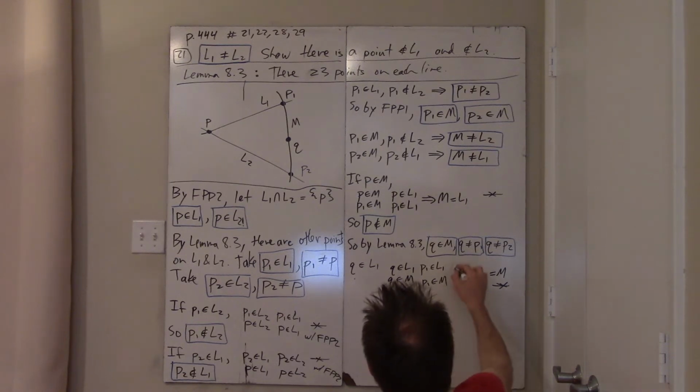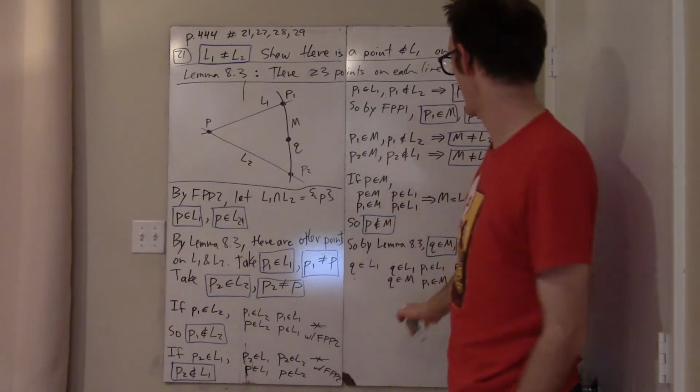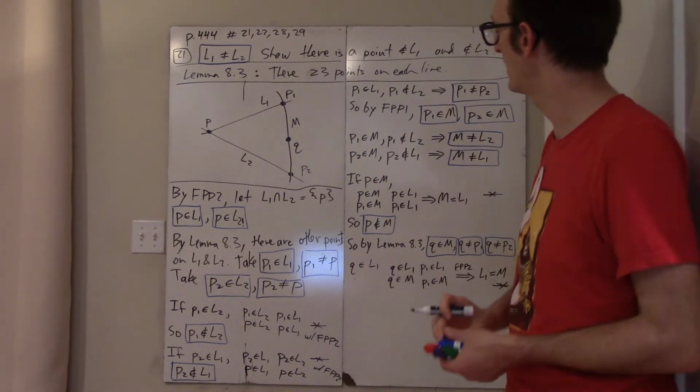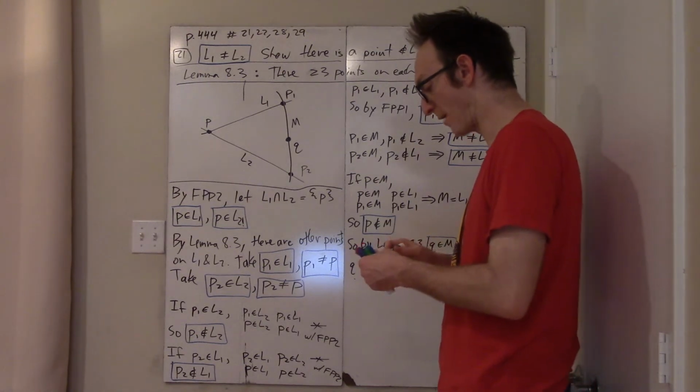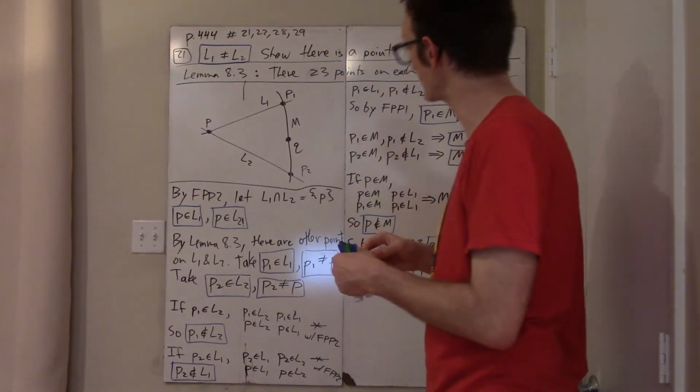Okay, so this is FPP2. Or alternatively, you can say they are distinct lines and they are distinct points, so it's just an immediate contradiction with FPP2. Either way, so that was one of my key facts, and then I think I'm just done, right?